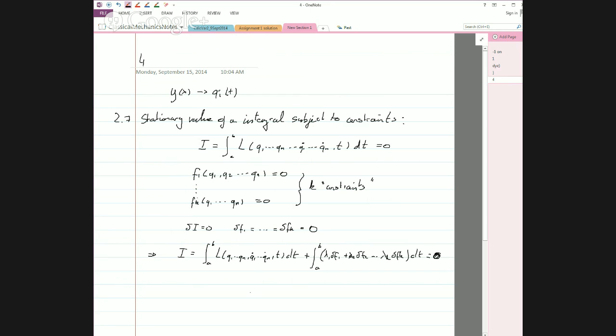So what do we mean by delta F1? And we've done this before. Remember, F1 is a function of all the q's. So what does it mean to vary F1? So again, we apply the chain rule.